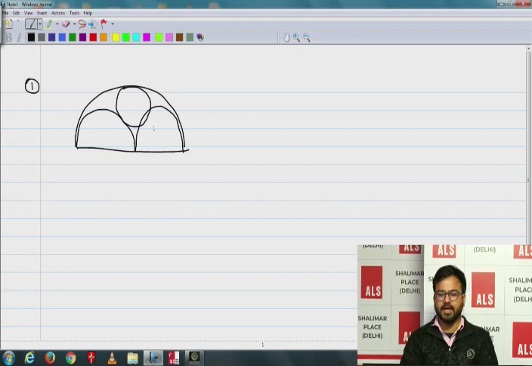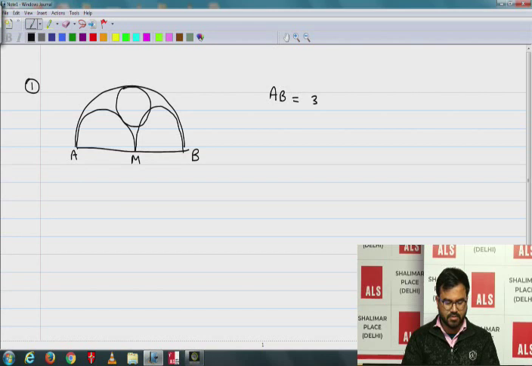Let's say this is the diagram given and the length of AB is equal to 36 and M is the midpoint of AB.